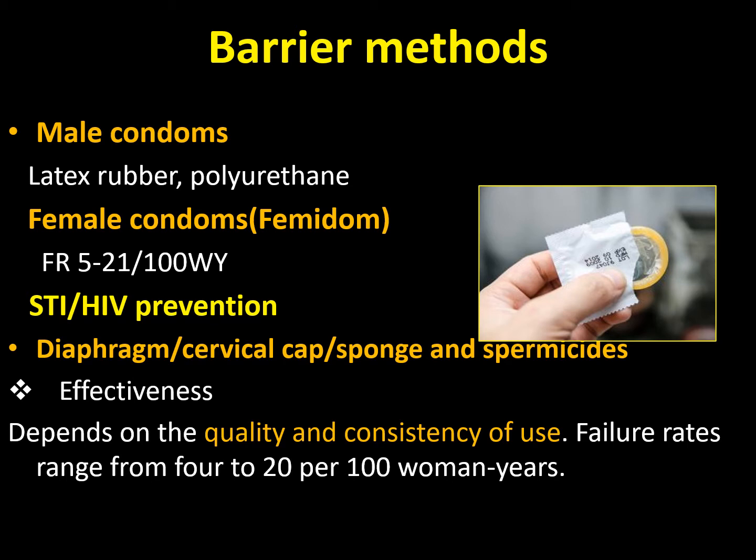You note the wide range of failure rate, from 4 to 20, and this can be explained by the perfect use failure rate and the typical use failure rate. This is a user-dependent method, and this is why with user-dependent methods, if they're not used perfectly, the failure rate increases.